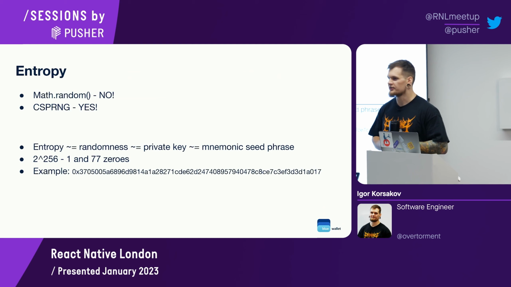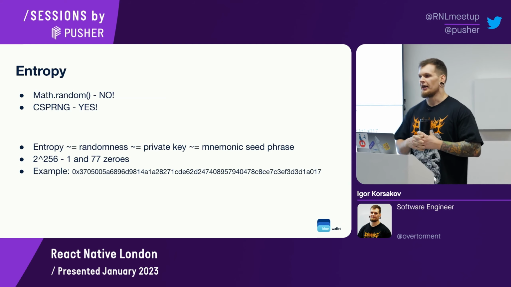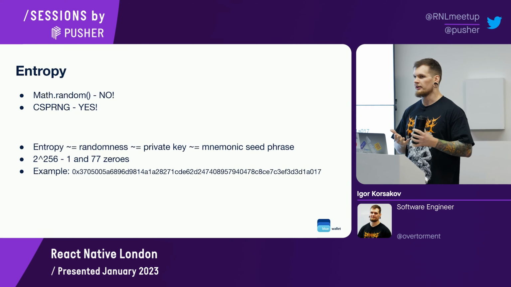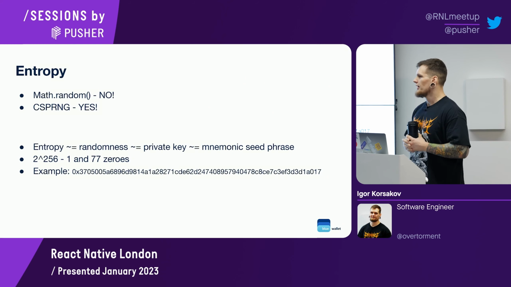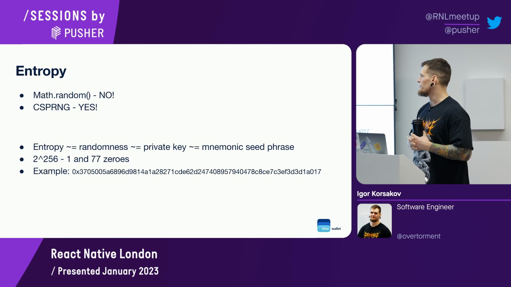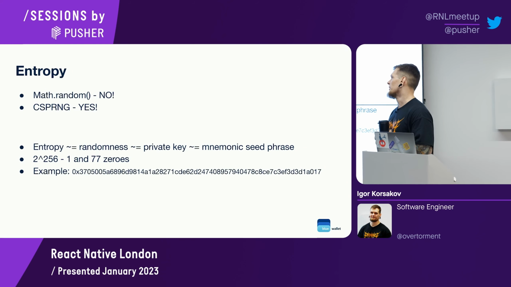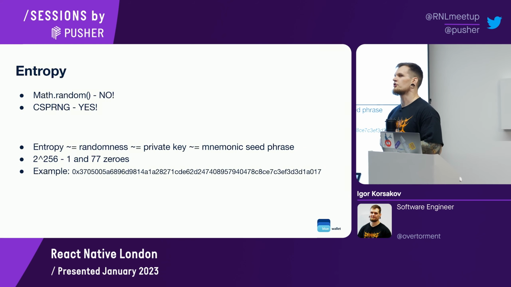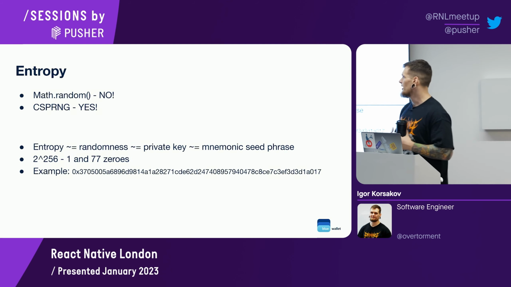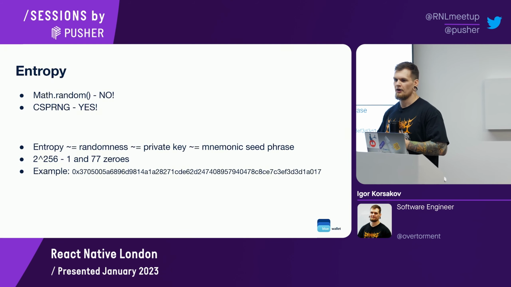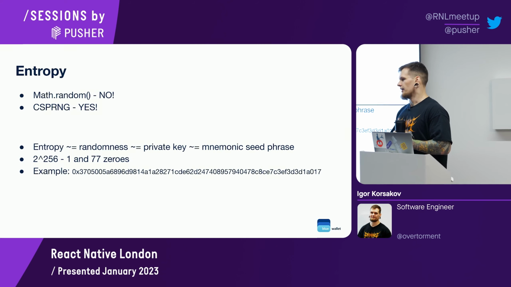So where do we get this private key? We need this, for example, when a user just installed the wallet and needs to create a wallet, we need to generate entropy for them. Historically, we had a bunch of random functions in our programming languages, such as math random, but historically CPUs did not have access to entropy, to randomness.